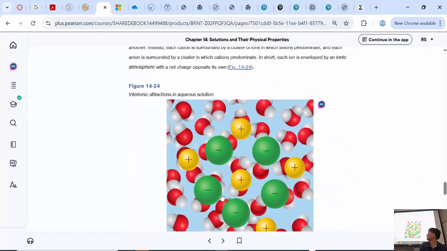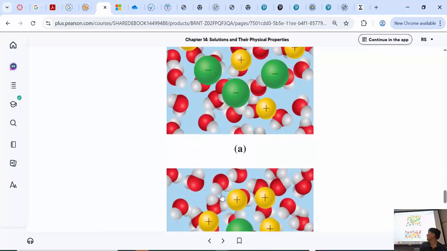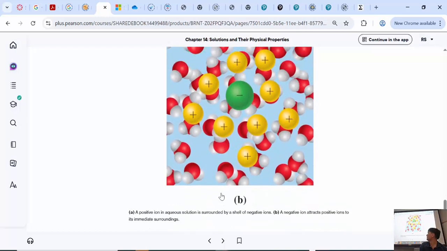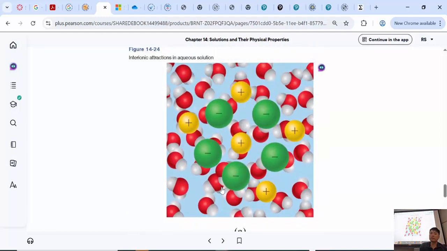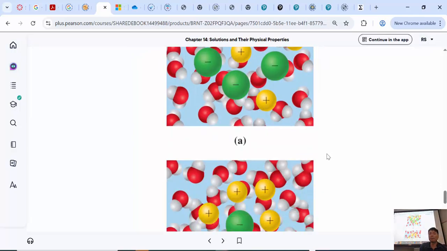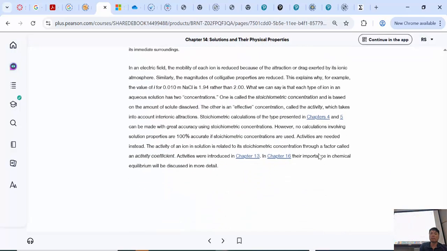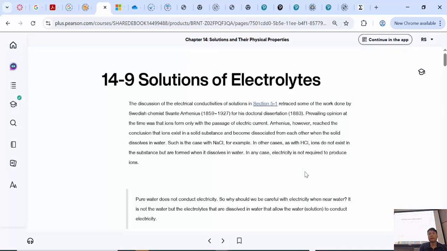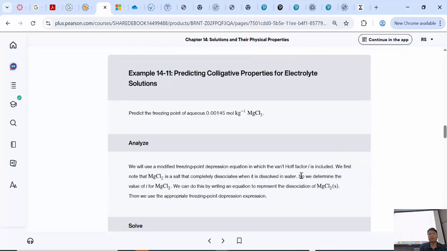Or this figure, A and B, what does this figure mean to you? For Figure A, I would write a little caption here. So anyway, this is one of these.